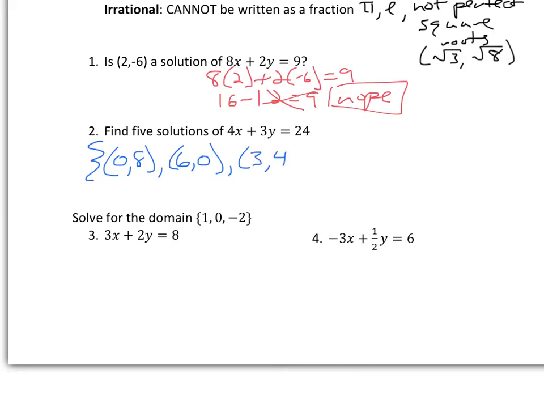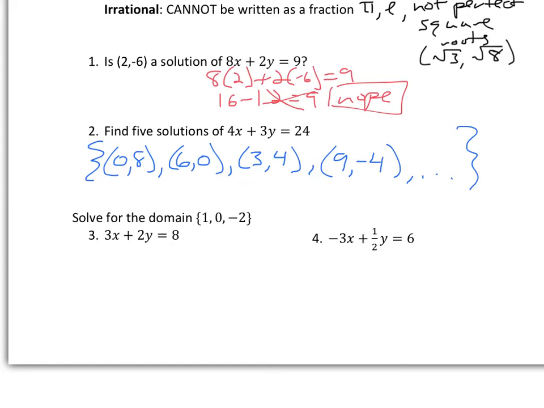We could do the other way around. Let's put in 9 for x and -4 for y, because you have 36 minus 12. And one more you can come up with on your own. There's a whole bunch of solutions, an infinite number. They don't all have to be whole numbers or integers.